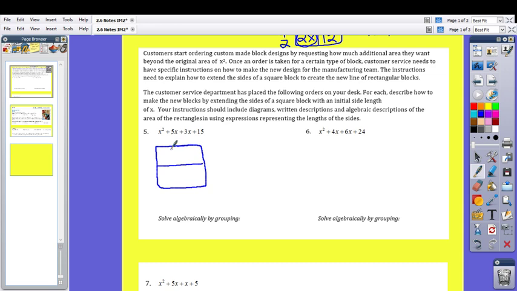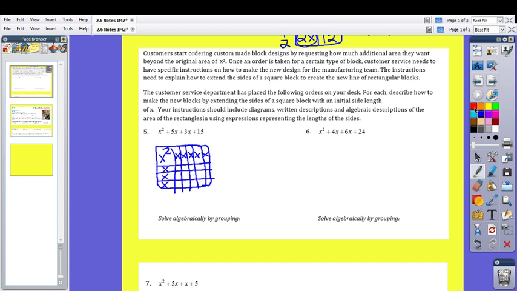So you have x squared, and then you have 5 x's: 1, 2, 3, 4, and one more. And then 3 x's on the other side: 1, 2, 3. So x, x, x.